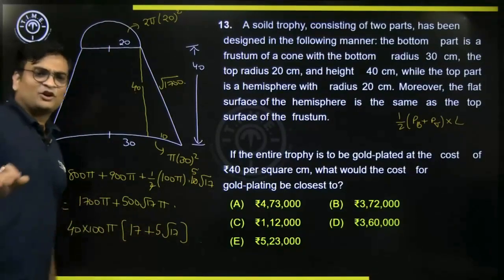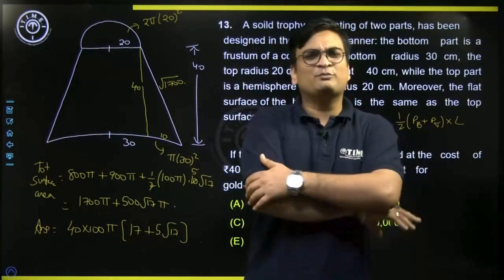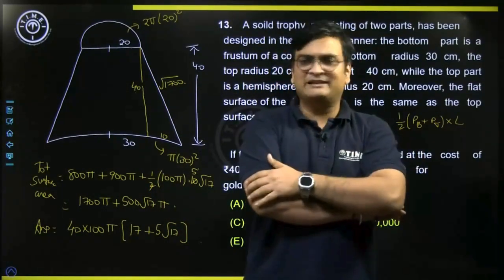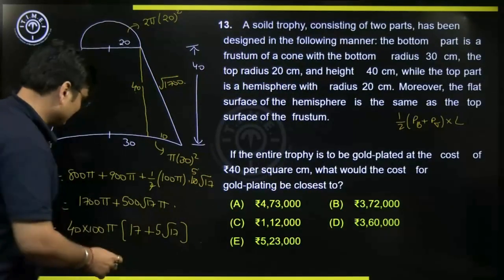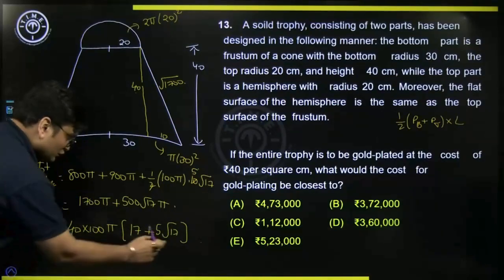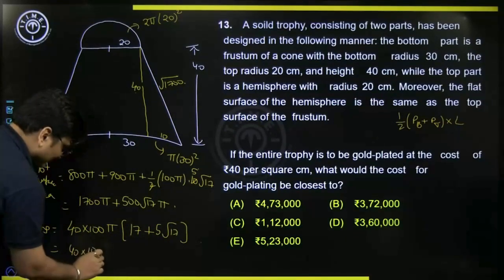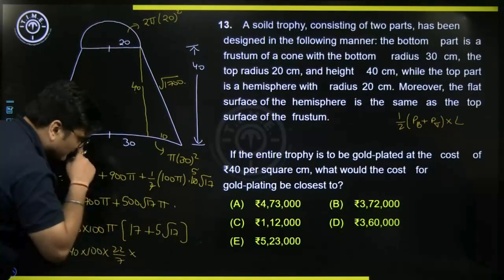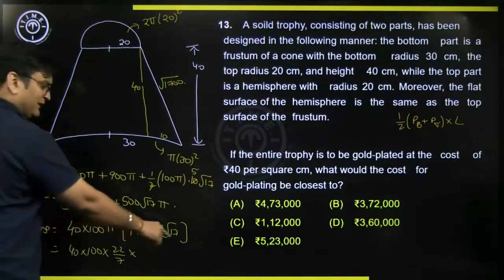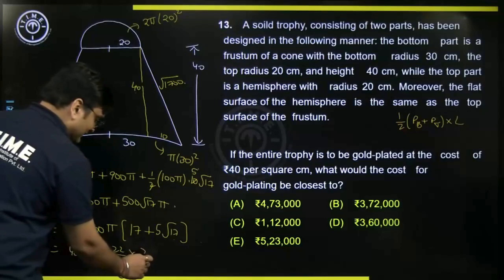Now root 17 is almost 4 point something. If you take 4.1 approximately, 4.1 into 5 is 20.5. So 20.5 and 17 is 37.5. So 40 into 100, pi is 22 by 7, into 17 and 4.1 approximately into 5 is 20.5, 37.5.